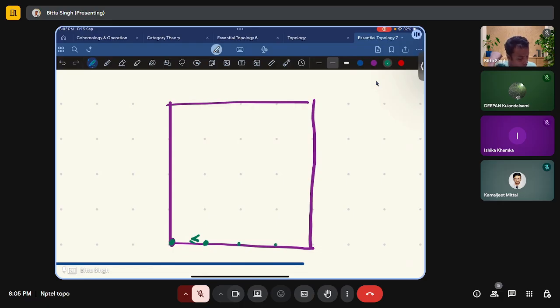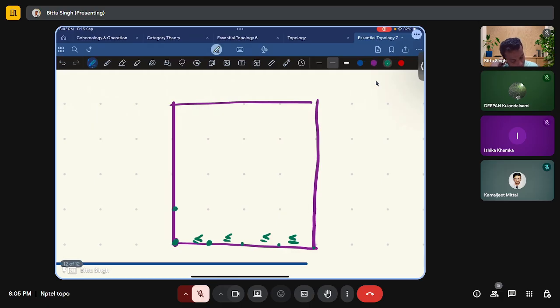The more we go in the right direction, the bigger it becomes. Now, if we consider another point above, then this should also be bigger. What about this point and this point? Can you compare?